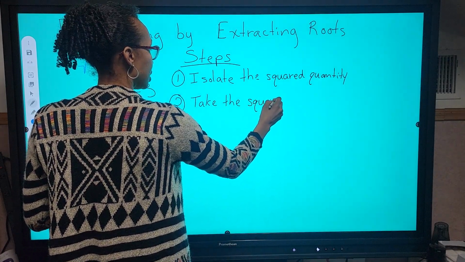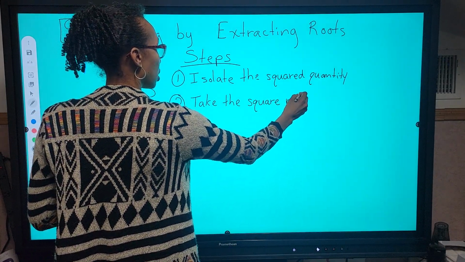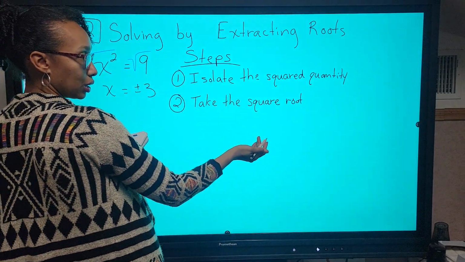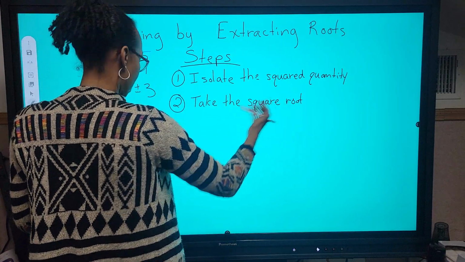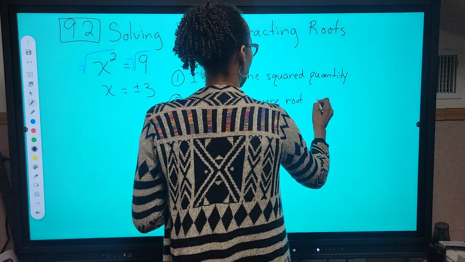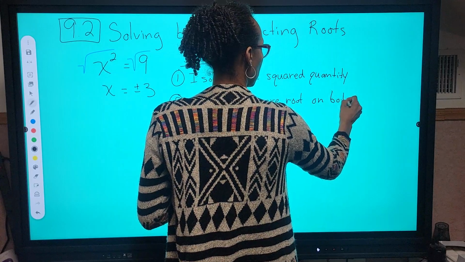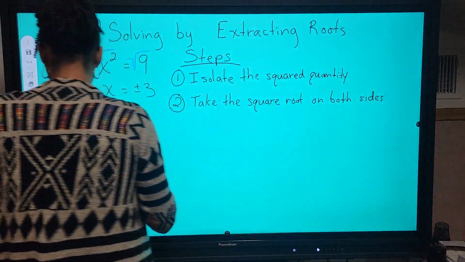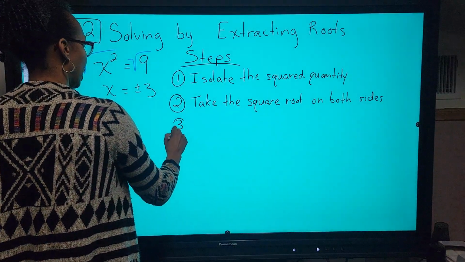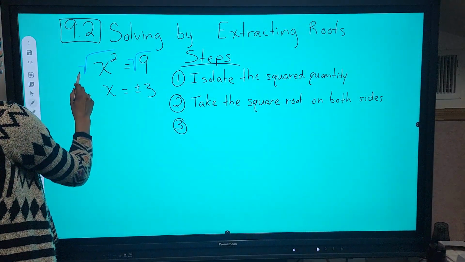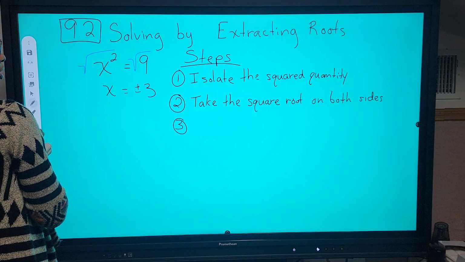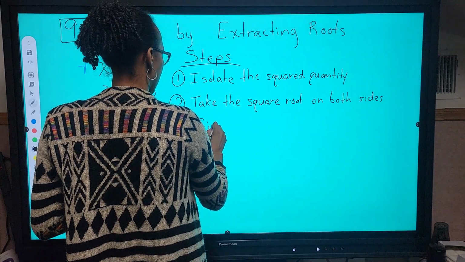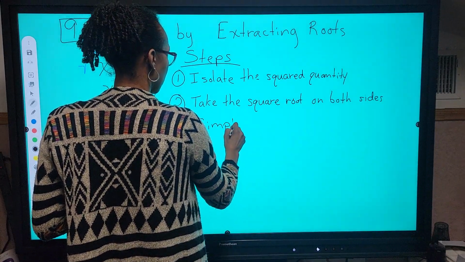Now this one specifically says square root because we're talking about a squared quantity. Had it been a cubed quantity, we would take the cube root. And be sure to do it on both sides. Then lastly, once you've taken that root on both sides to cancel out that squared quantity, now you can solve, or what they say, simplify and solve.